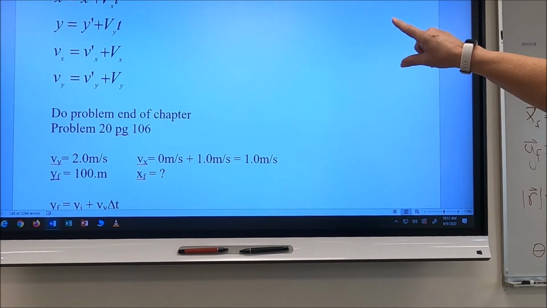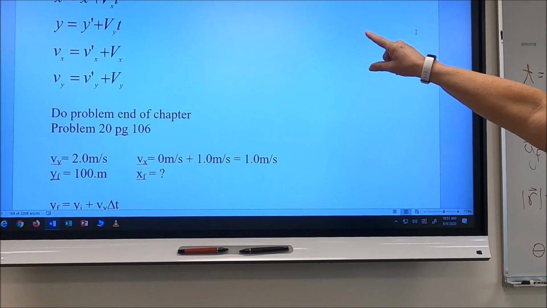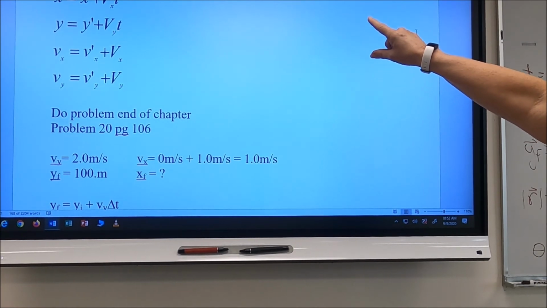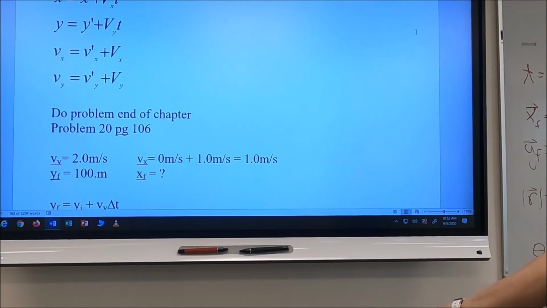So I can say X in the non-moving equals X prime plus the velocity at which the reference frame is moving times delta t. Do the same thing with Y. Vx equals Vx prime plus the velocity of the reference frame. Vy equals Vy prime plus the velocity of the reference frame.